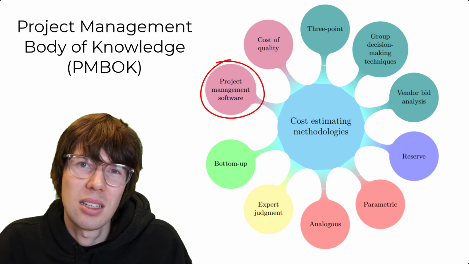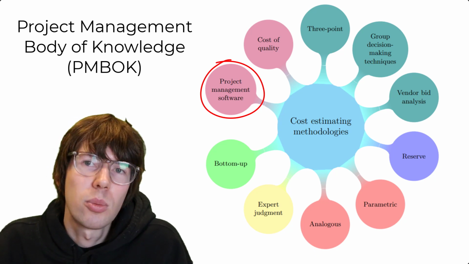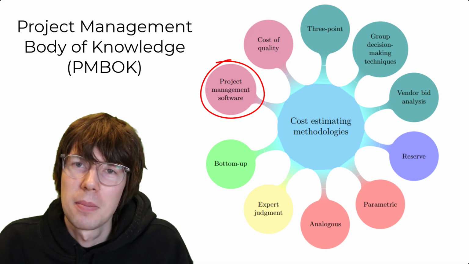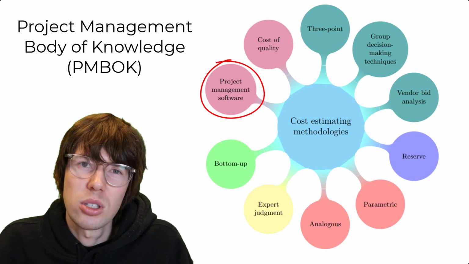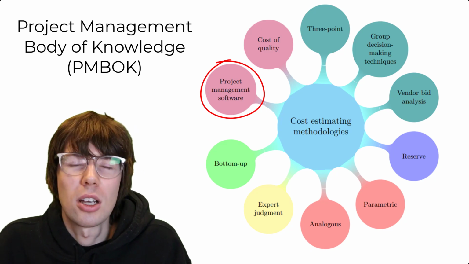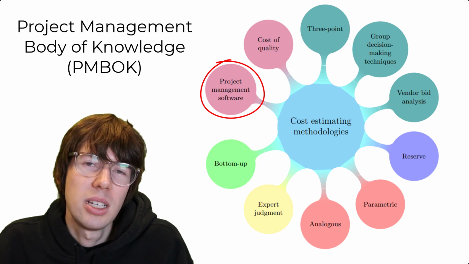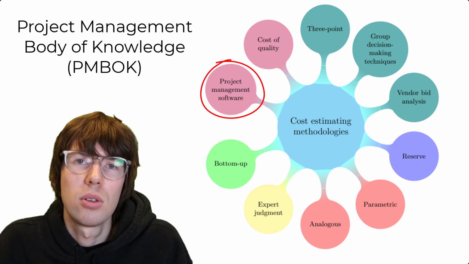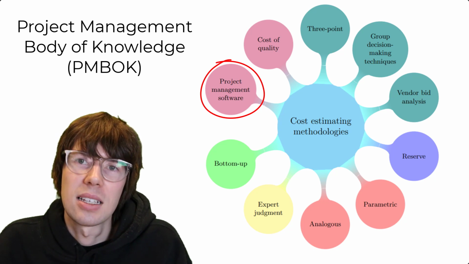What it means is that you just use some software to implement any of the other methods, or any combination of them. And for my course, we are going to use Excel, because in my study program, we have a learning outcome that the student should learn Excel. So I'll be teaching Excel, and also Visual Basic for Applications, which is the programming language of Excel.